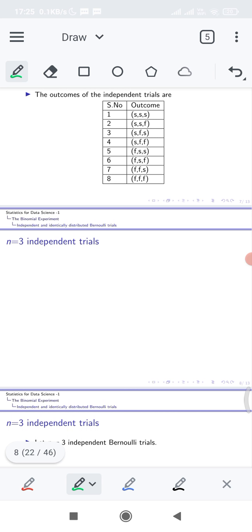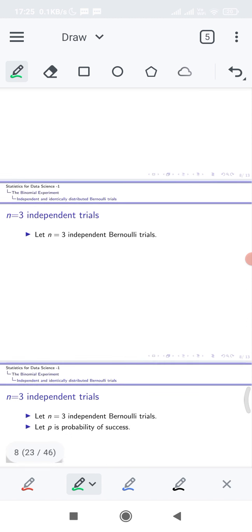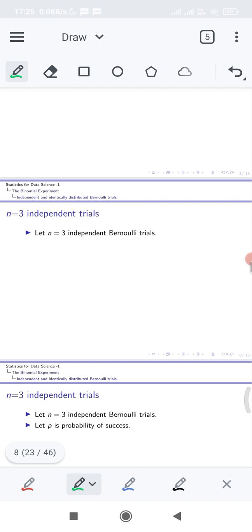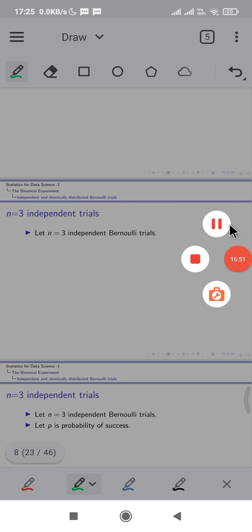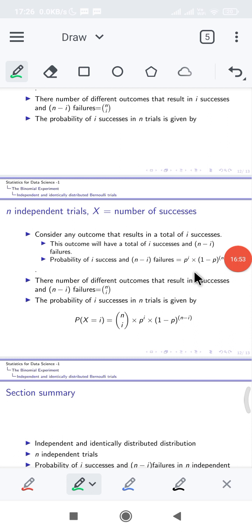Before that, let us see how to calculate a binomial probability. Suppose you are performing n independent trials and X is the number of successes.